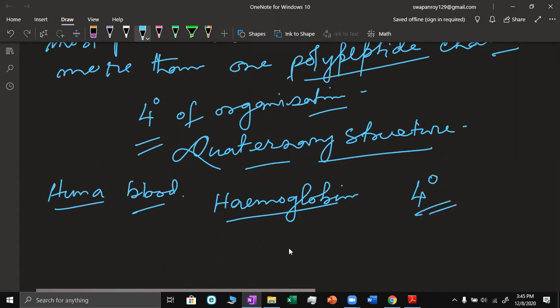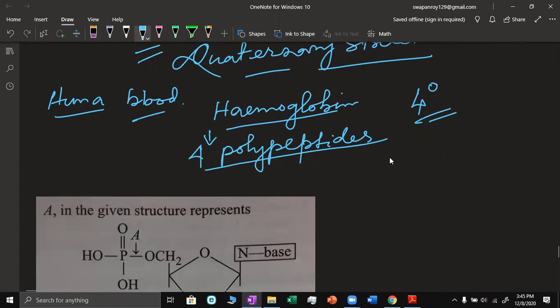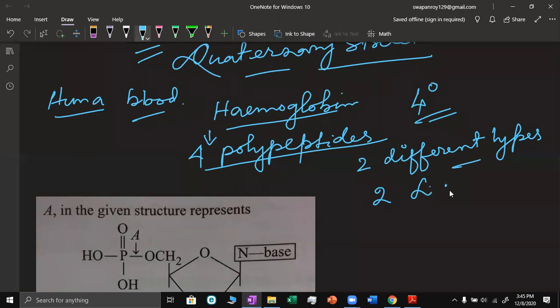Hemoglobin is made of 4 polypeptides, and these 4 polypeptides are of 2 different types: 2 are alpha chains, alpha polypeptides, and 2 are beta chains, beta polypeptides.